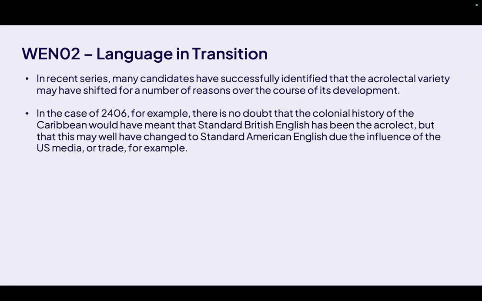In the case of the June 2024 series, for example, there's no doubt that the colonial history of the Caribbean would have meant that standard British English has been the acrolect, but this may well have changed because standard American English, due to the influence of the media and trade and multimedia, things like YouTube and videos and movies, has infiltrated so many standard British English forms. For that reason, the students can actually mention it.